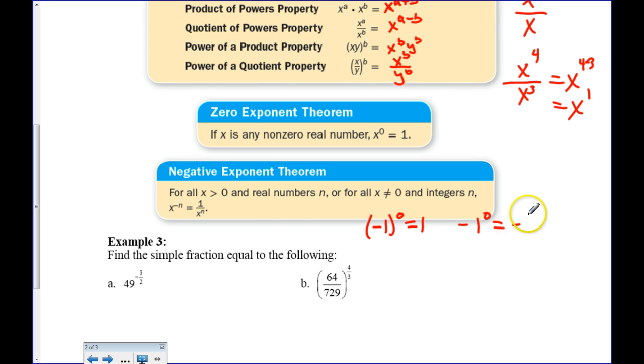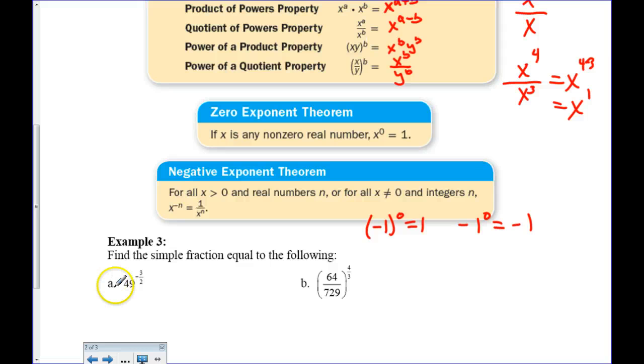It's a negative 1. Why? Because the 0 only applies to the 1, not to the negative, since it doesn't have parentheses around it. Notice that in the first case the negative is included in the 0 power. You might want to write that down. But 2 to 0, 4 to 0, it's all 1.